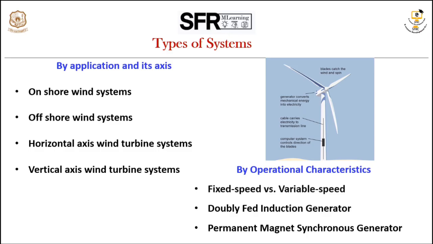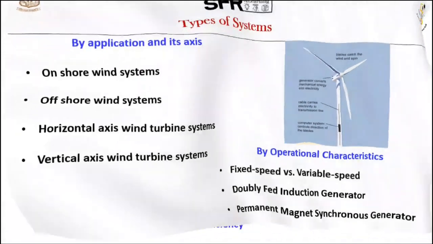It allows for a wide range of variable speed, providing high efficiency, reduced stress and lower cost compared to full converters. And the last one is type 4, that is the full converter system. It uses a power converter to fully decouple the generator from the grid, allowing full control over speed and power. So these are the types of wind energy conversion systems.